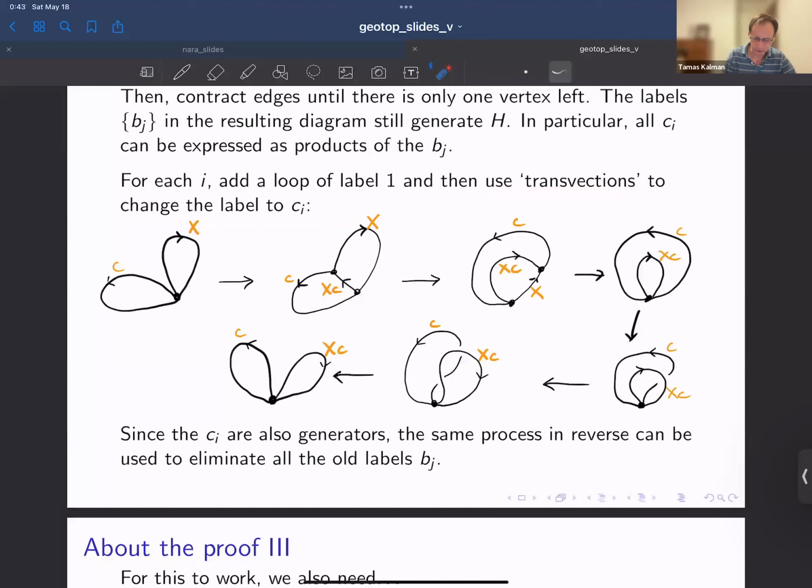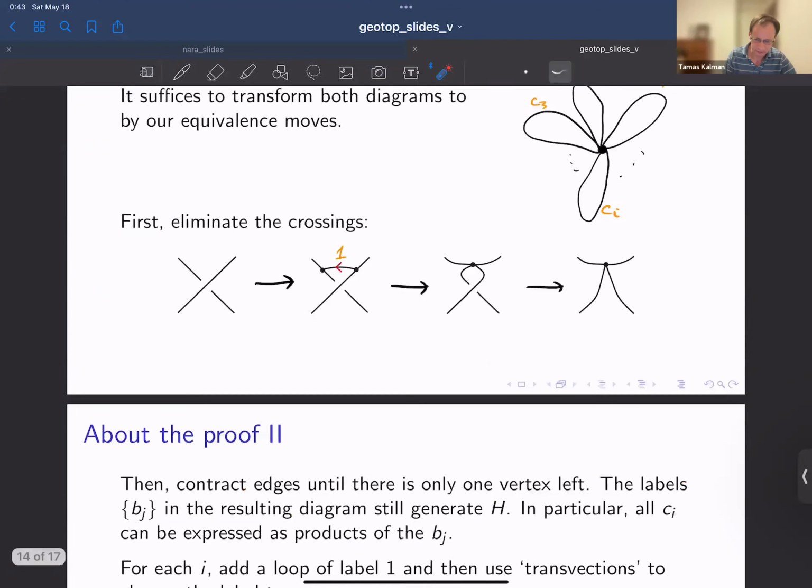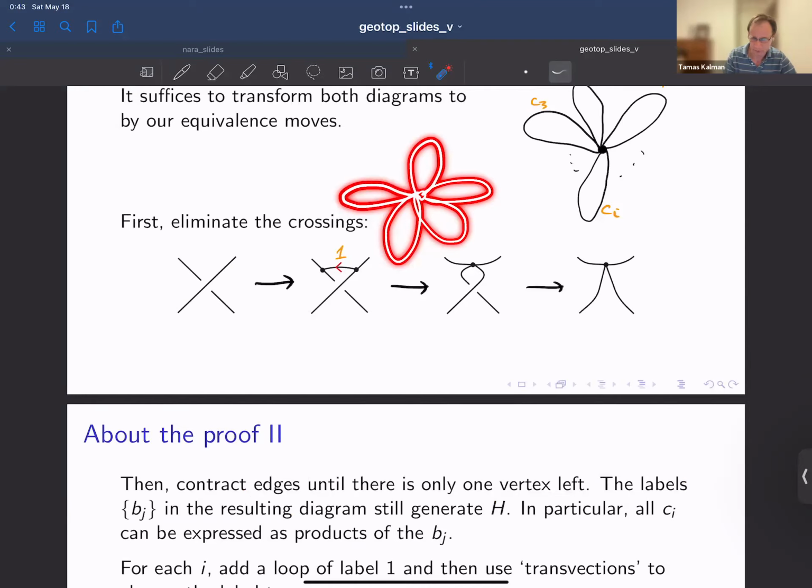Why can I even hope to do so? Well, that is because after I transform my original arbitrary diagram into this kind of flower shape with some labels on those petals, then I observe that those labels generate the same subgroup H as before.